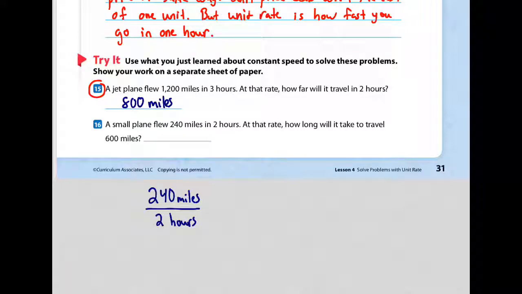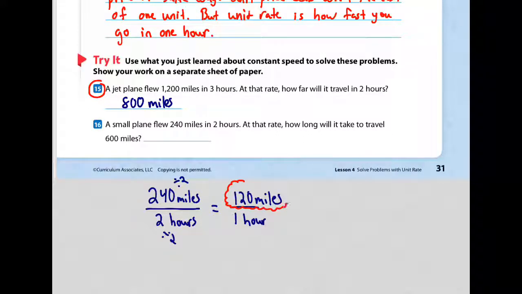So I'm going to change it to a rate. Remember, a rate has a 1 on the bottom. So to change it to a rate, I divide this by 2 and this by 2. And remember, you could use a calculator, and I get 120 miles in 1 hour. Now, your key is this unit rate right here.